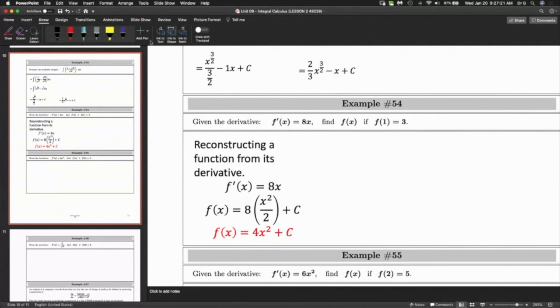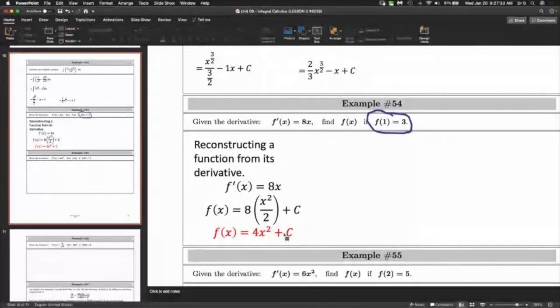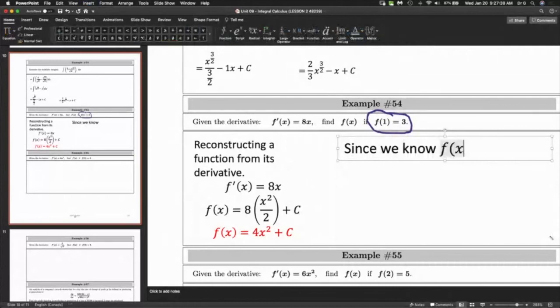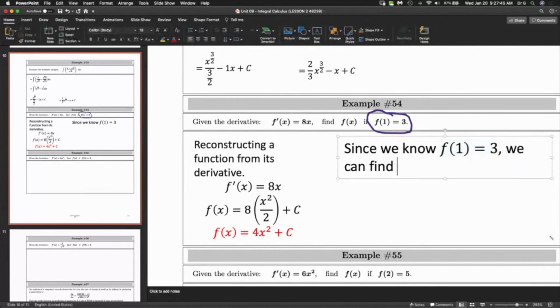I'm telling you some extra information. I'm telling you that f of 1 equals 3. So by using that information, I can actually calculate the final value, what c is. So since we know f of 1 equals 3, we can find the value of c.